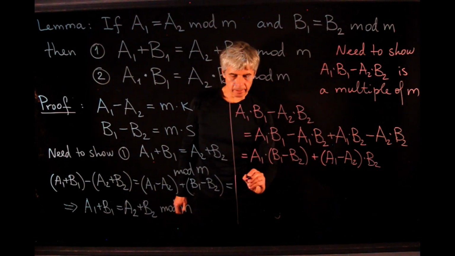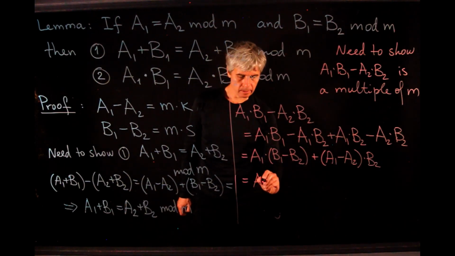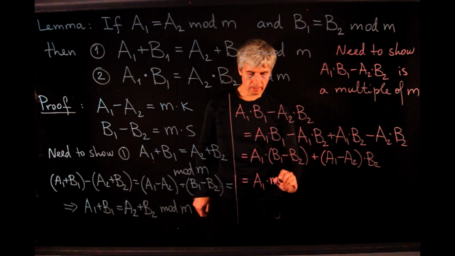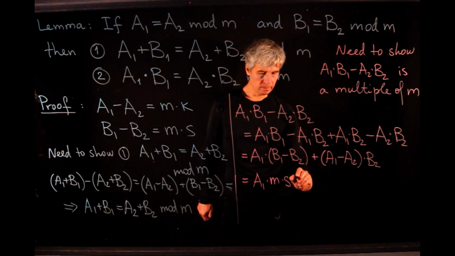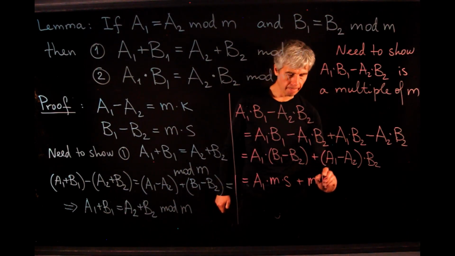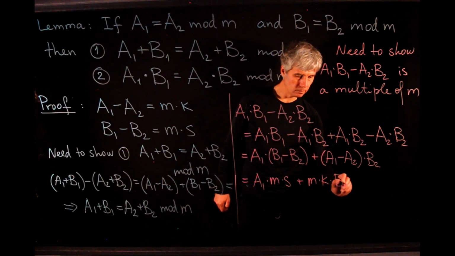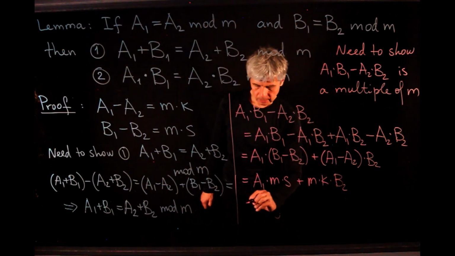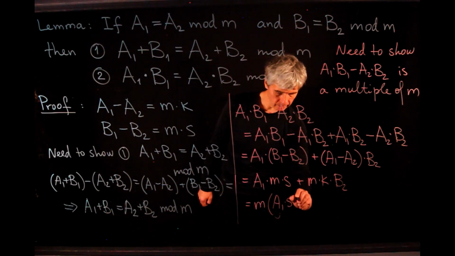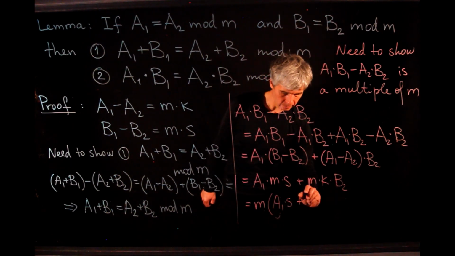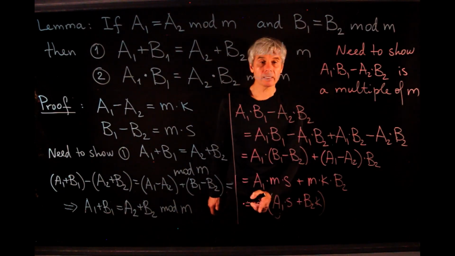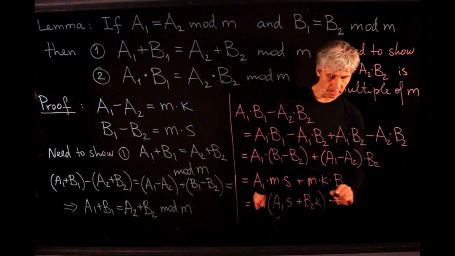And then we get that this is A1 times M times S plus M times K times B2. And so this is M times A1S plus B2K. But this has a factor of M, so this is a multiple of M.